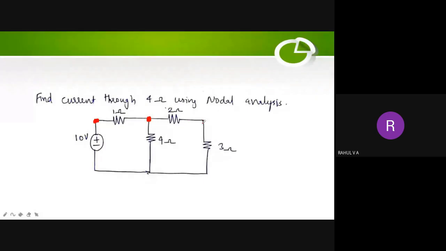Here also we have a node because the 2 ohm resistor and 3 ohm resistor, 2 branches, are connected, and here we have another node. Since these two nodes are series nodes, because only two branches are there, we can neglect them. So I am removing those two nodes. Now I have two nodes, one is this one and another is this one. A node which is connected to the negative terminal is assumed as the reference node, and the potential at that reference node is 0 volt.